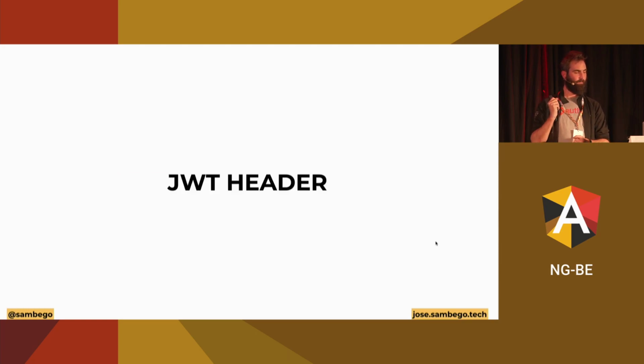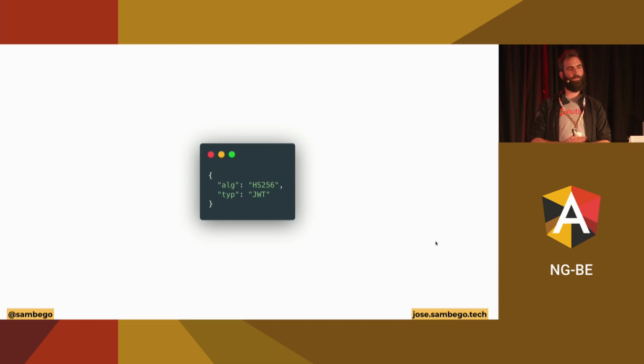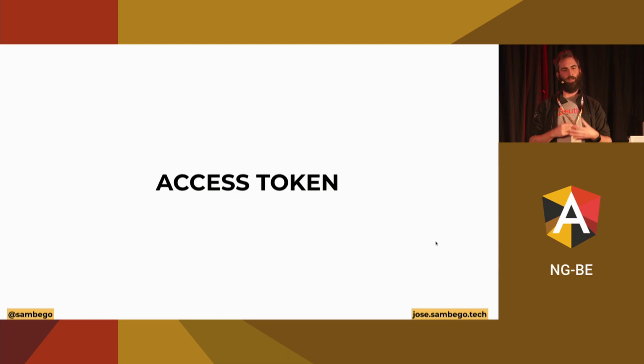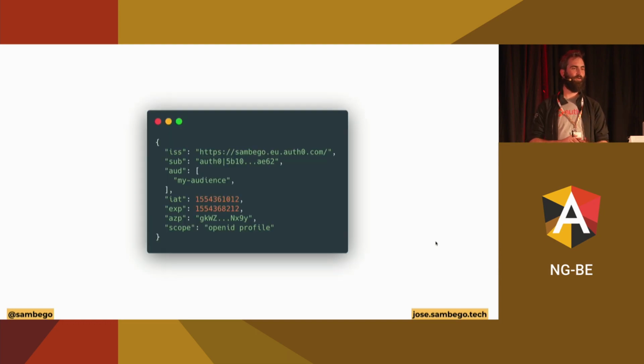So, the same thing, but instead of having just the algorithm and the header, you will also see that the type is a JSON Web Token, so we know that it's a token. So whenever we see this, we can deal with it as it being a token. And a token can be different things. An access token will give you access to an API, and will give you information about the API. So the payload of an access token will contain information that is useful to the API, things like the audience, which API it's intended for, things like the subject, which user this token has been issued to, and so forth.